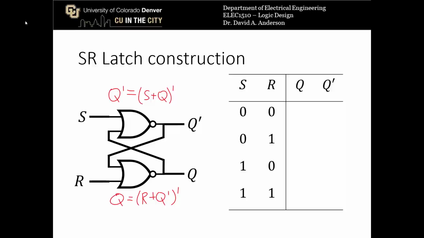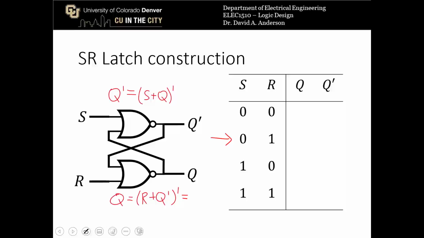Let's analyze the behavior of an SR latch for all possible values of S and R using a truth table. I've rewritten the expressions for Q and Q prime on the diagram to the left. Let's actually analyze the second case in the truth table first, when S is a 0 and R is a 1. This means that set is 0 and reset is 1.